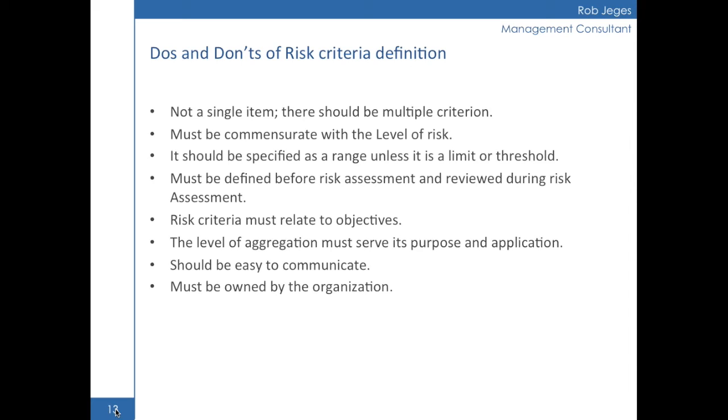That is a common problem. That's why the 2 things that are important to bear in mind is, one, it must relate to the objectives. So there are many objectives, and each of the objectives is going to have a different set of risk criteria. It is a trap to try to generalize because you end up with things that don't really match well together.